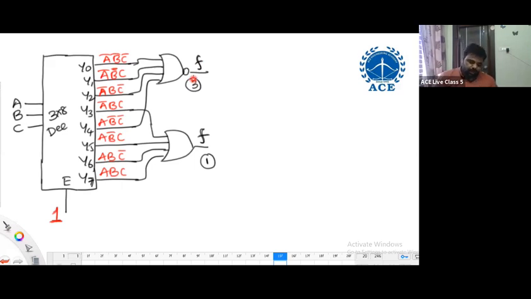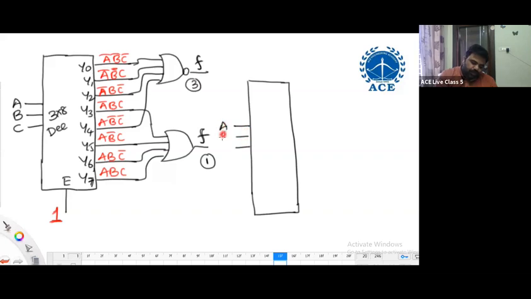Be clear about this. Now, second possible way we can implement is, let me use a 3 to 8 decoder, which is producing logic 0 output decoders with the ABC. Let me use a logic 1 enable only, but here logic 0 output decoder.